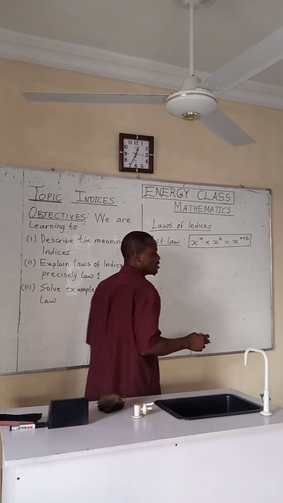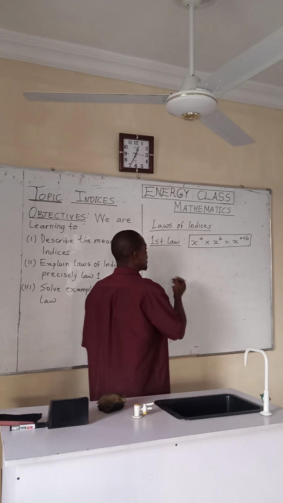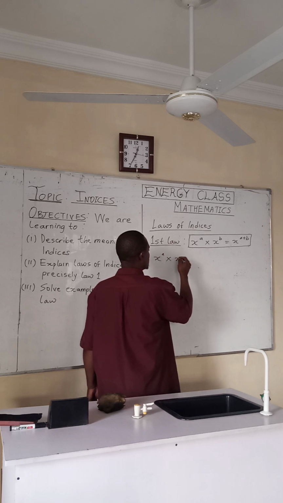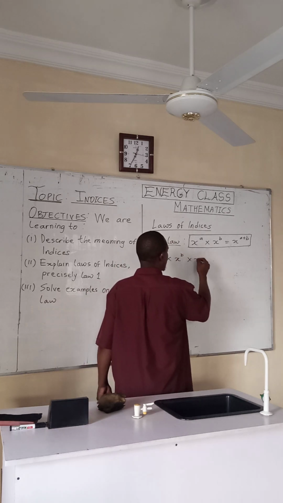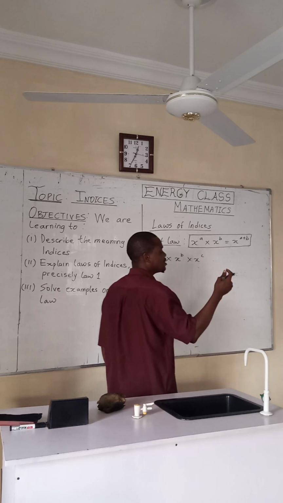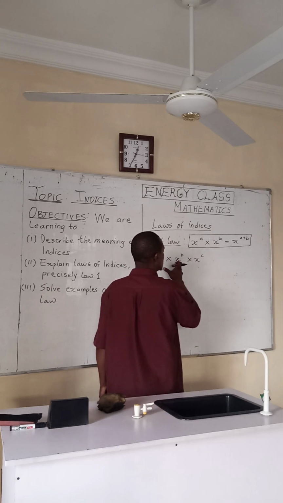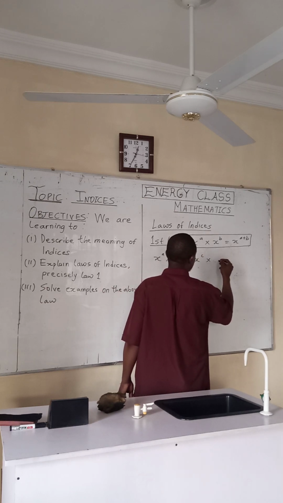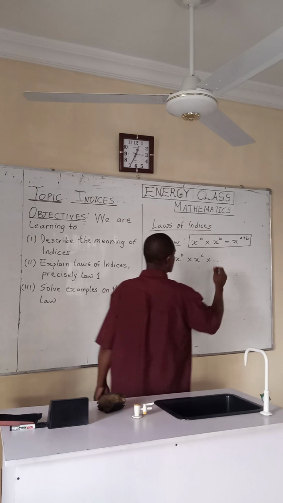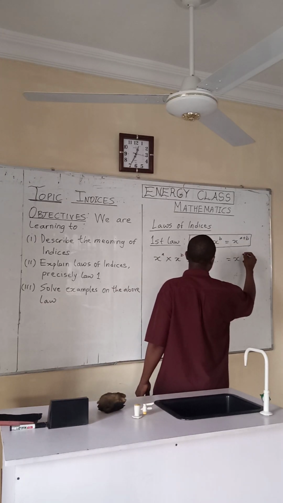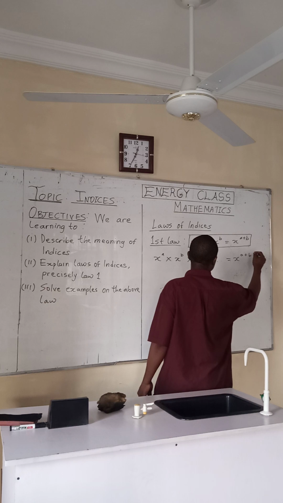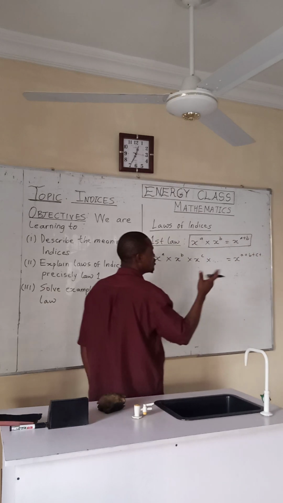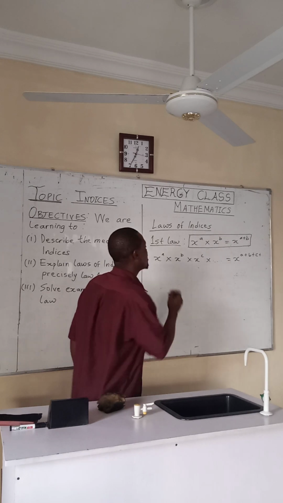In other ways, we can write x raised to power a times x raised to power b times x raised to power c, and we can have many of these index figures like that. This will result to x raised to power a plus b plus c plus dot, and it goes on and on like that.